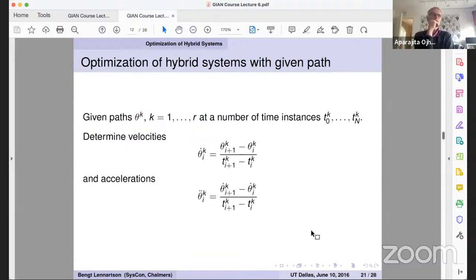So we assume that someone has already generated the given path you should go from A to B, from one point to another. The only thing we would like to update or change is actually the velocity and acceleration.